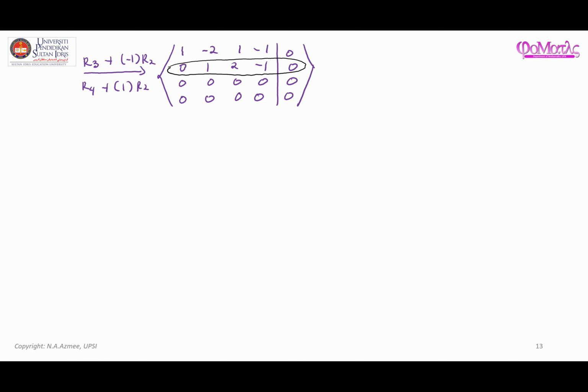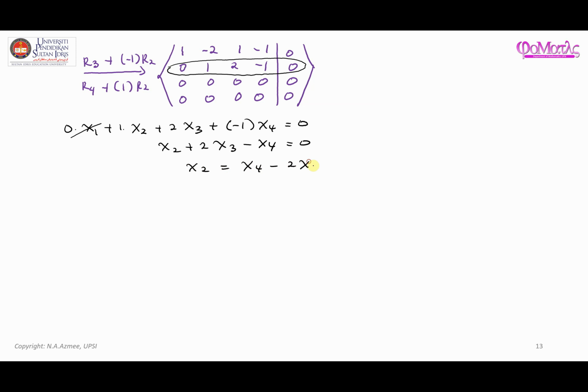So basically it says that we have 0 times x1 plus 1 times x2 plus 2 times x3 plus -1 times x4 is equal to 0. Therefore, x2 plus 2x3 minus x4 is 0. Well, x2 is just x4 minus 2x3.